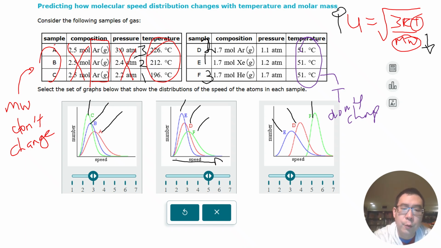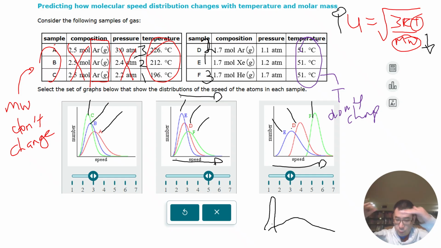As the distribution moves this way, or as the highest speed moves this way, right? The highest speed moves to the right. The distribution gets wider and shorter, right? So very slow distributions are tall and narrow, and fast distributions are short and wide, right. So that's why this one is not correct.